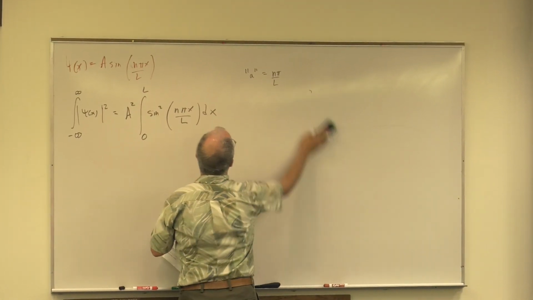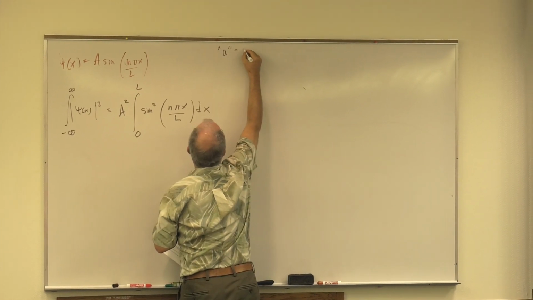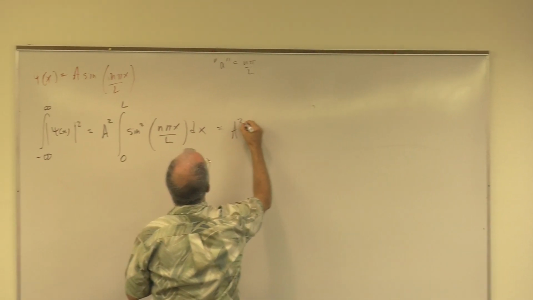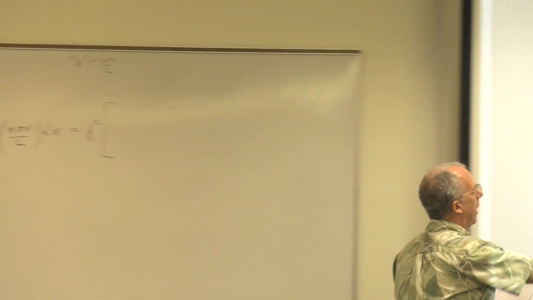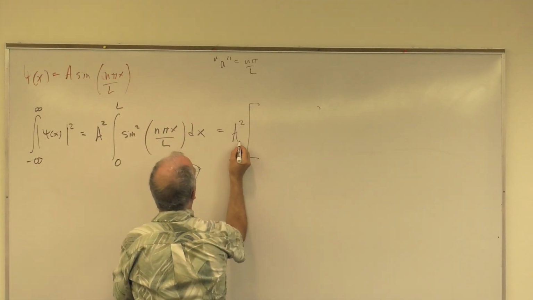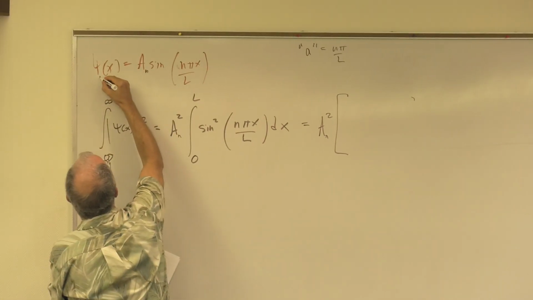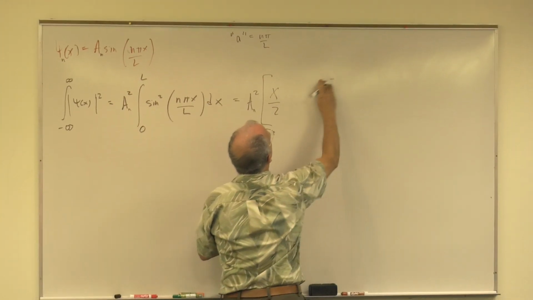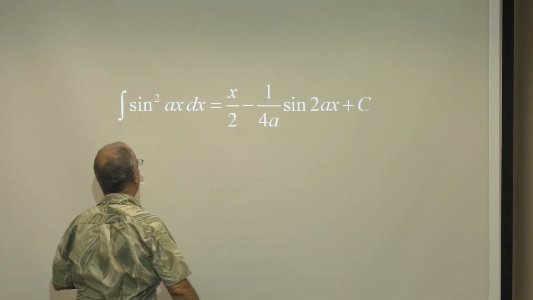So we have our A squared. Now we're just going to use what we have: x over 2. By the way, we can put a little n here because we know we're going to have quantized states. Then minus 1 over 4a.